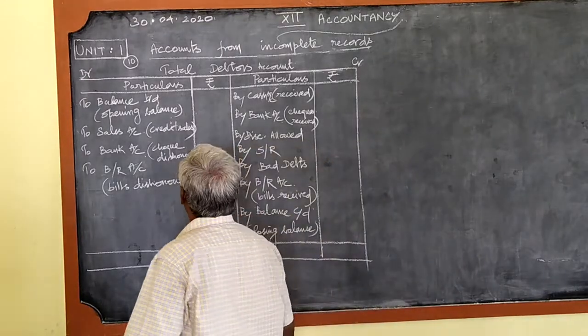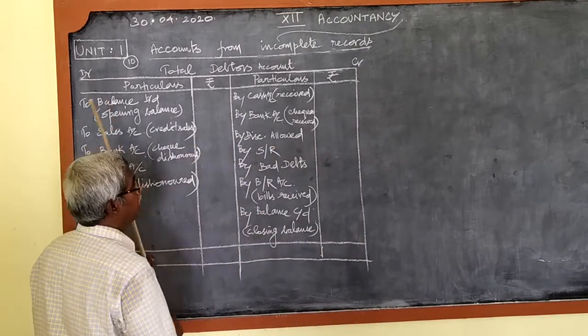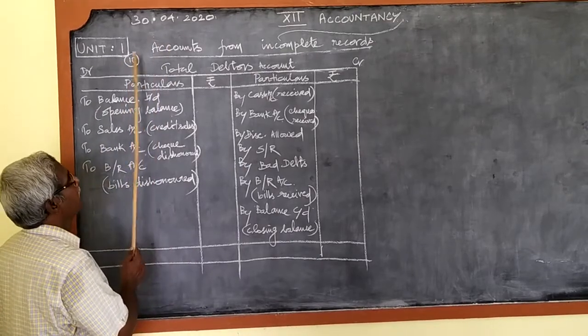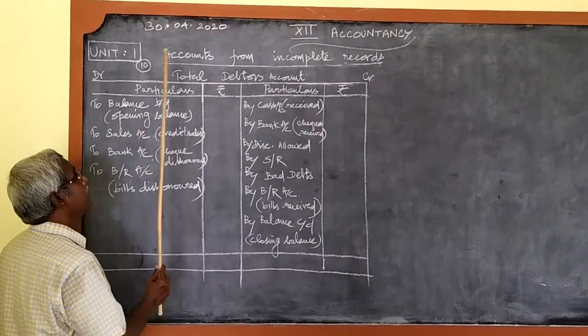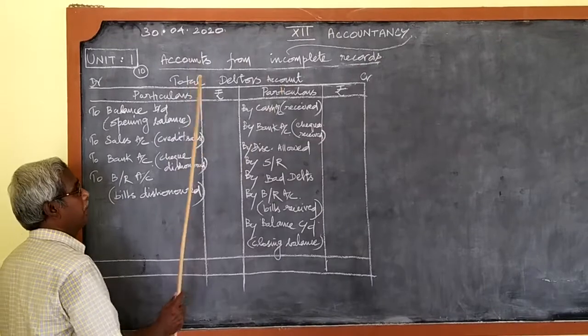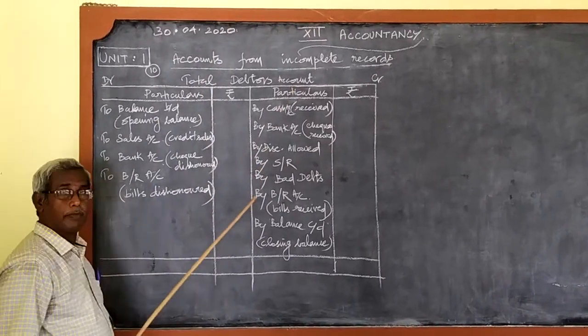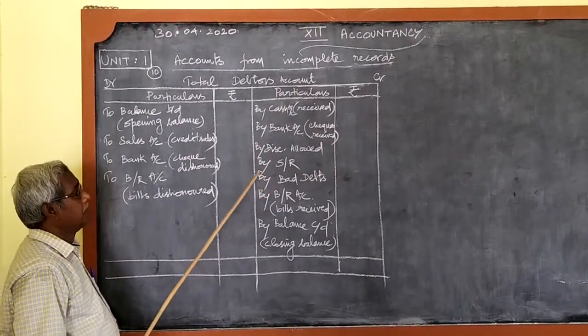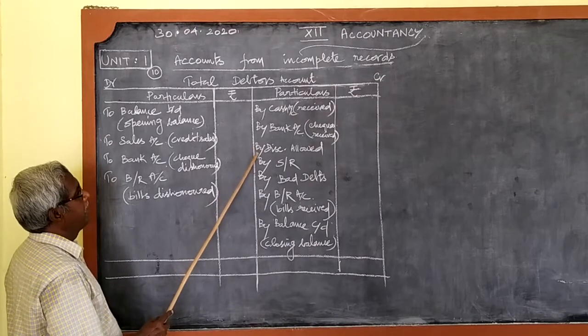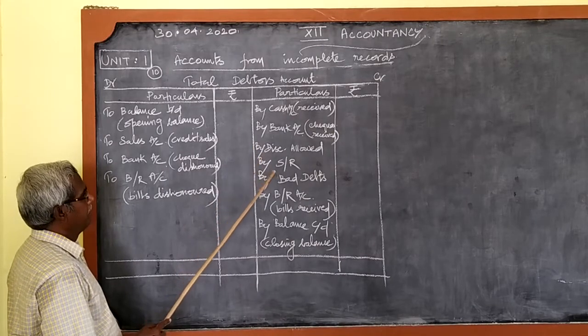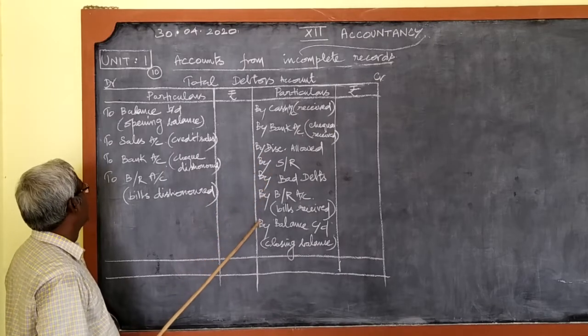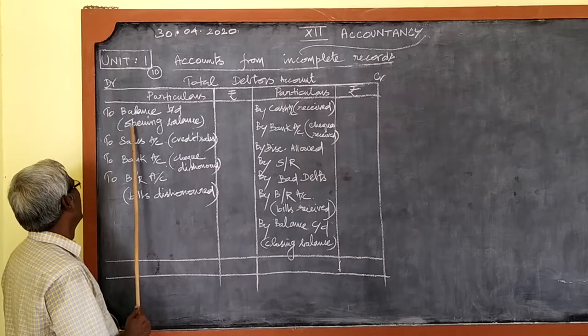Okay, students, we shall pass on to problem number 10, for which this total debtors account format is required. In this, there are various items: 3, 5, 5 plus 2, 7, 10, 11.